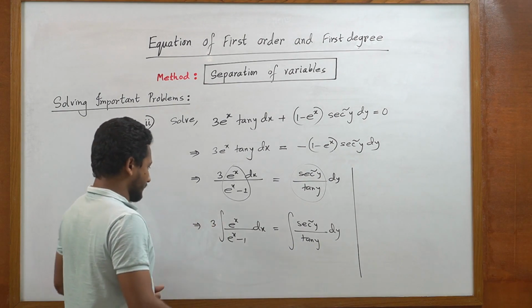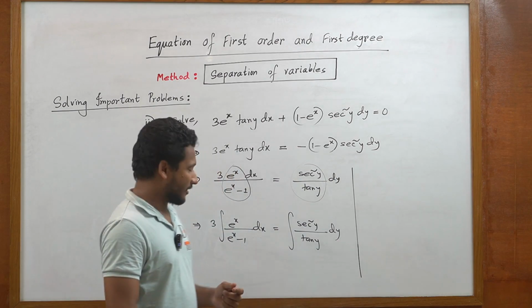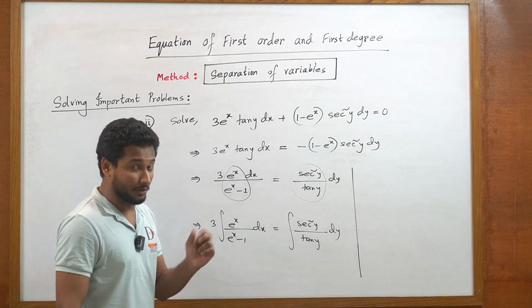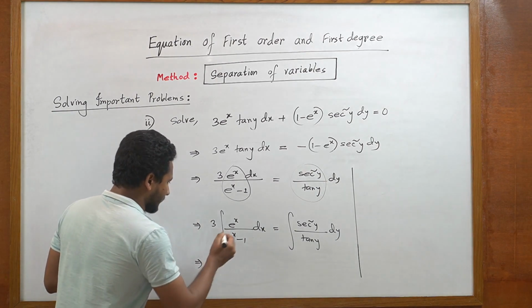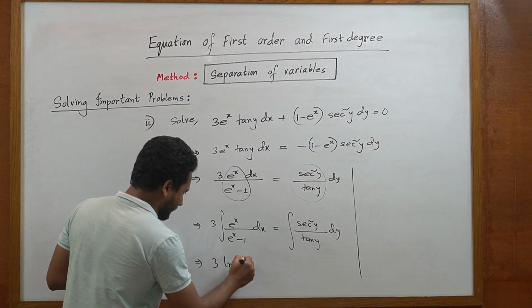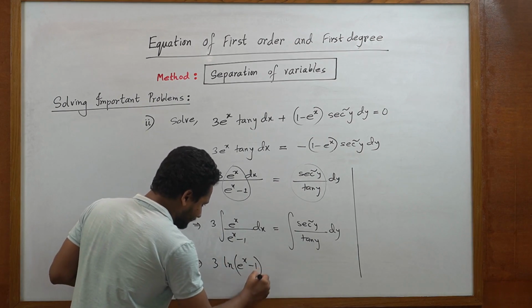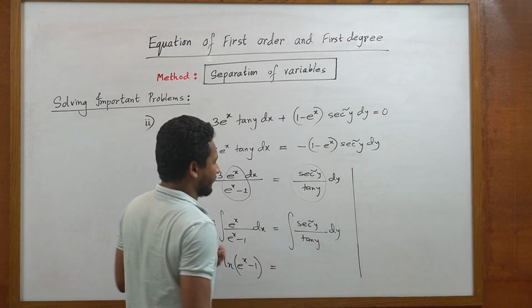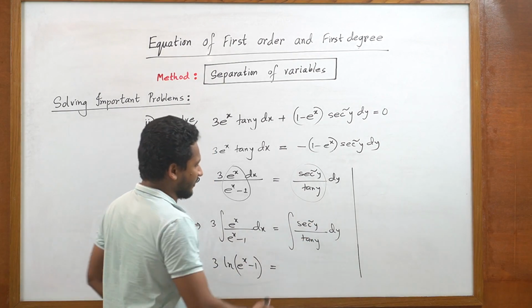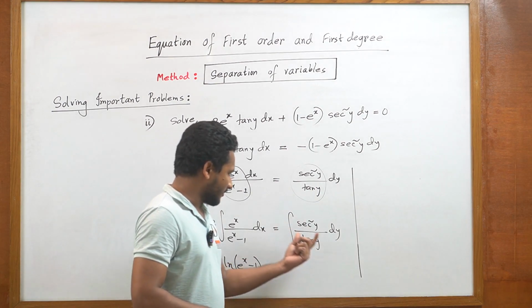We know that if the numerator is the derivative of the denominator, then the integral is the natural logarithm of the denominator. So this integral should be the natural logarithm of the denominator. Here the derivative of tan y is sec square y, so the numerator is the derivative of the denominator.